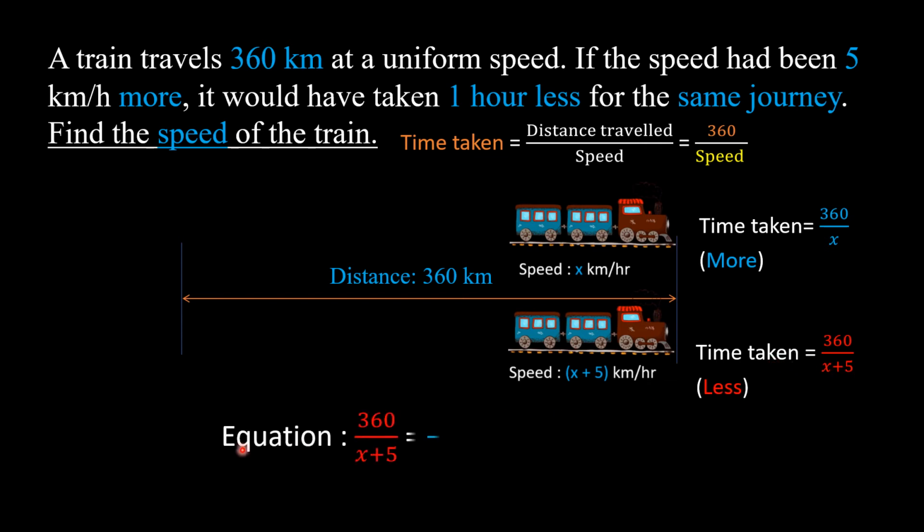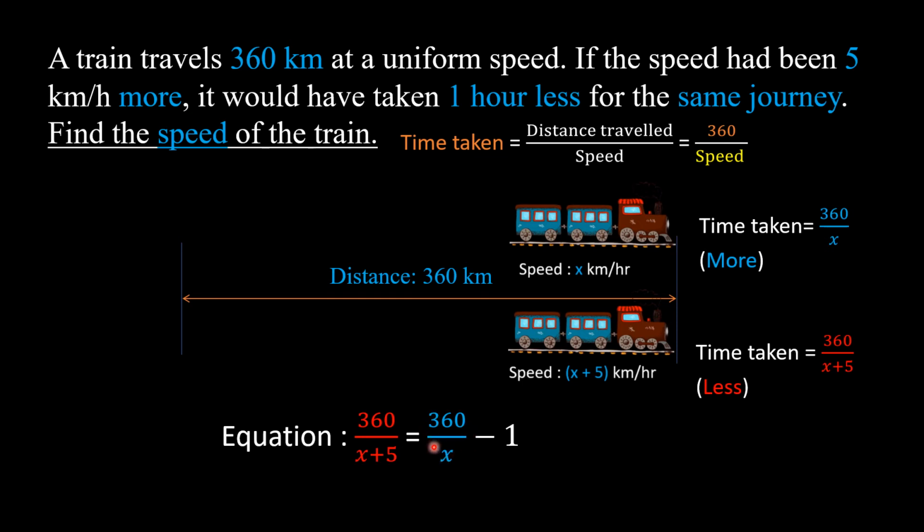Now, according to the condition, the time taken at the faster speed, that is when the speed was x plus 5, is 1 hour less, that is minus 1, for the same journey, and it will be 360 divided by x plus 5 equals 360 divided by x.